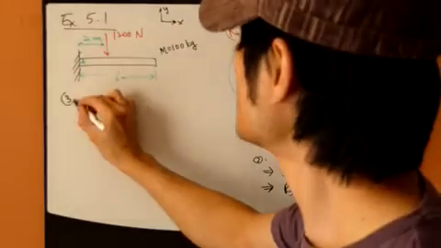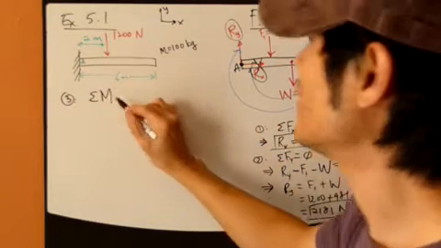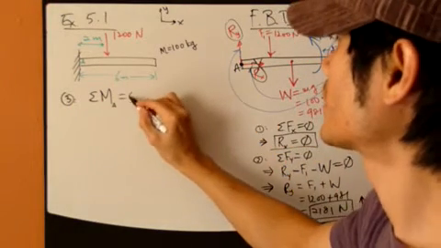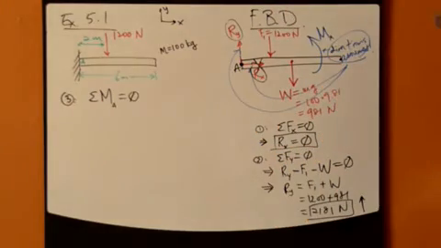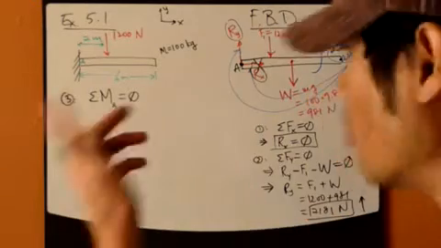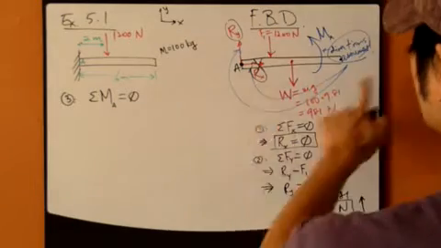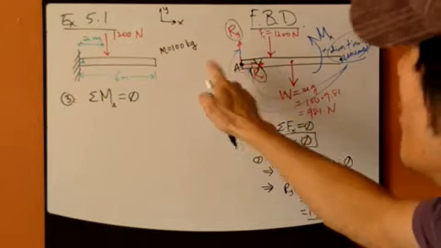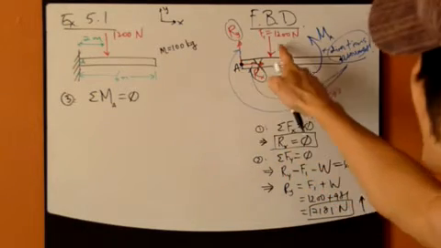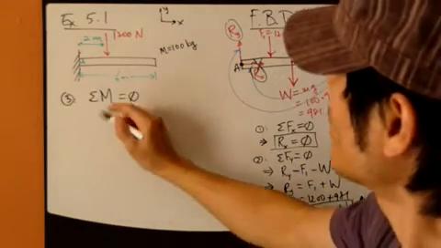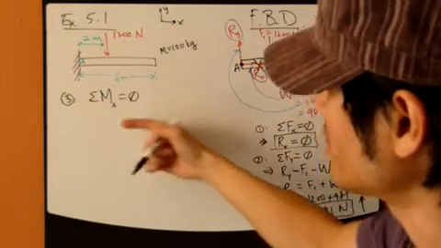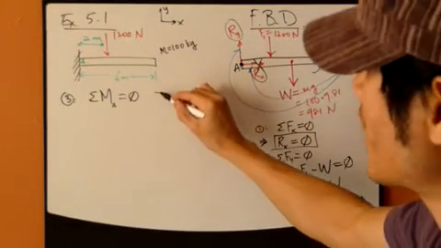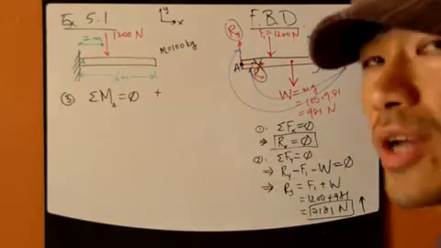So equation 3, sum of moments about point A equals 0. Look at the free body diagram again. Rx and Ry we don't care about because they don't create a moment. Before you can proceed, you need to define positive as counterclockwise or clockwise.